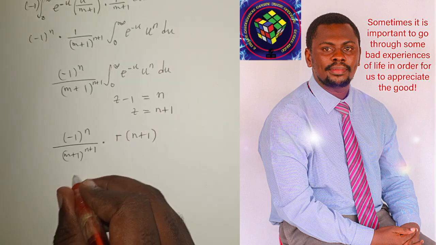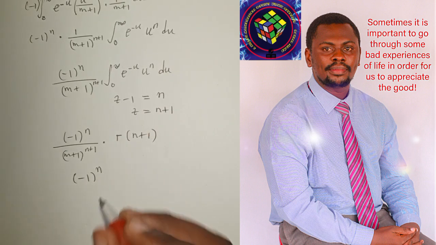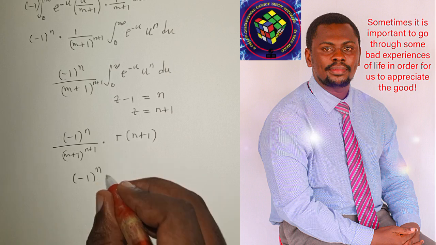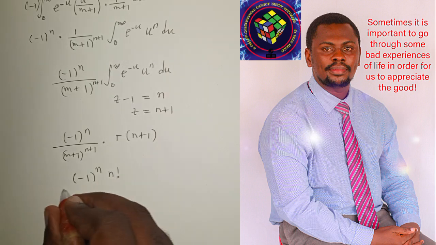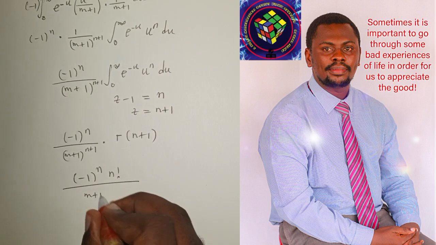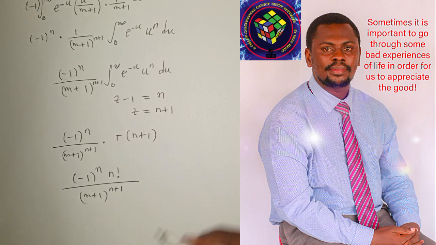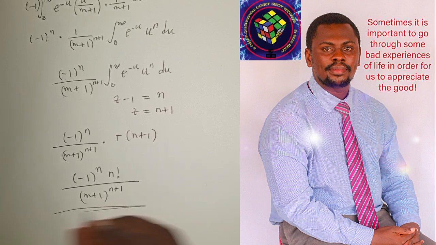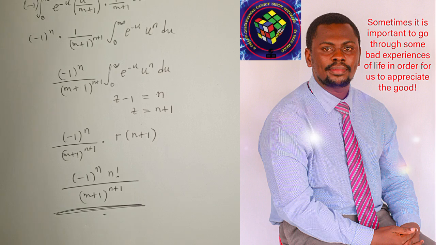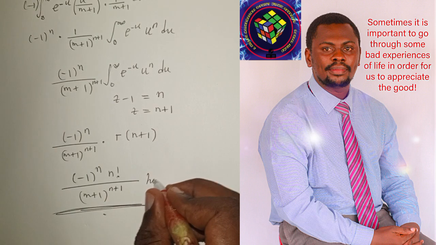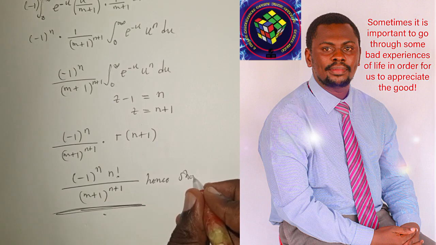So gamma of n plus 1 is n factorial, giving minus 1 to the power n times n factorial over m plus 1 to the power n plus 1. This is what we have, hence shown.